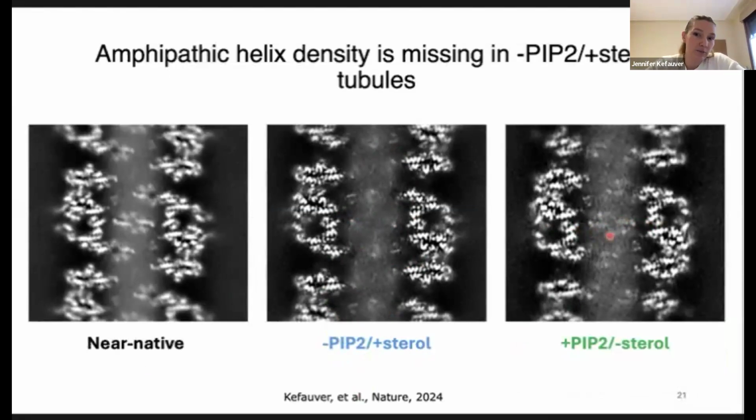So what we can't know from these structures alone is whether the amphipathic helix is not folded at all in the absence of PIP2, or if it's just mobile, and that mobility causes it to be blurred in our structures. So Marco was able to answer this question using CD spectra on a synthetic peptide of our amphipathic helix. And those data showed that the presence of PIP2 allows our peptide to fold into a helix, suggesting that our missing helix here is actually not properly folded.